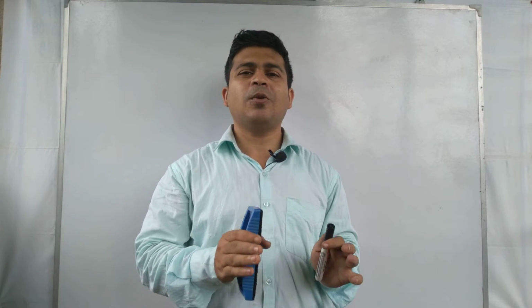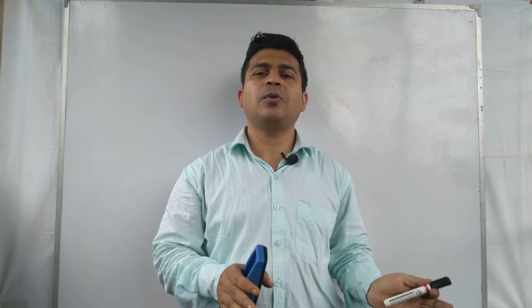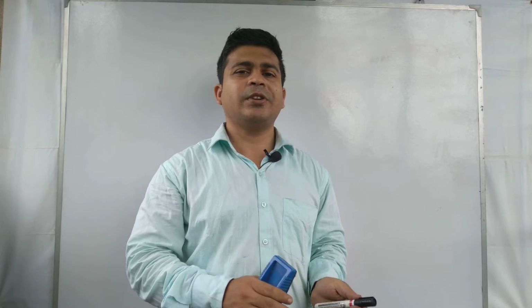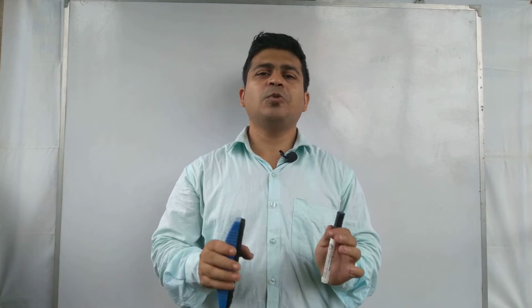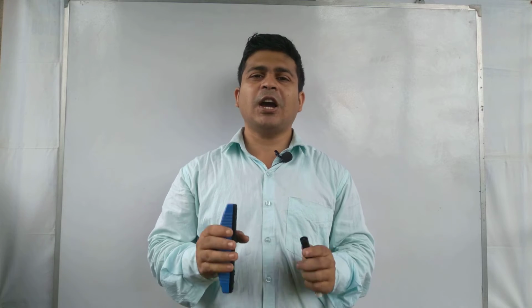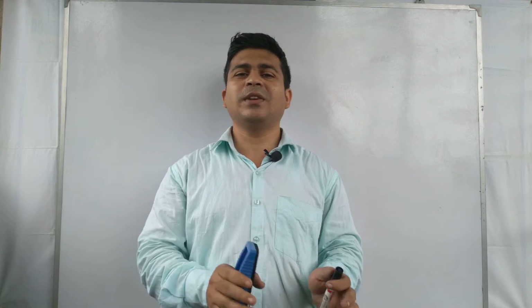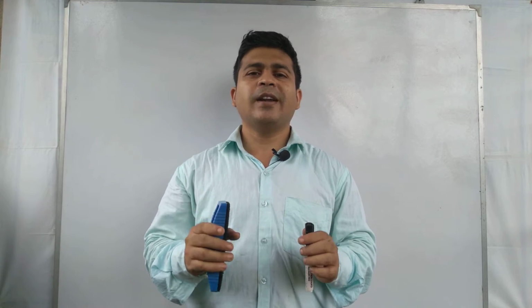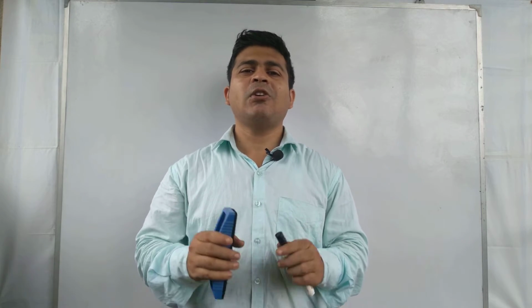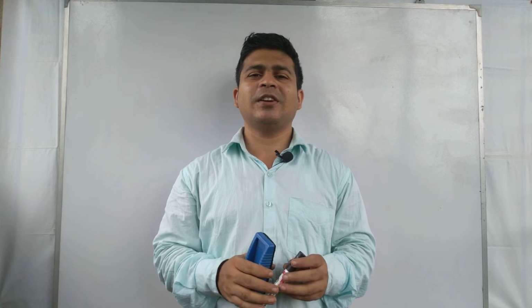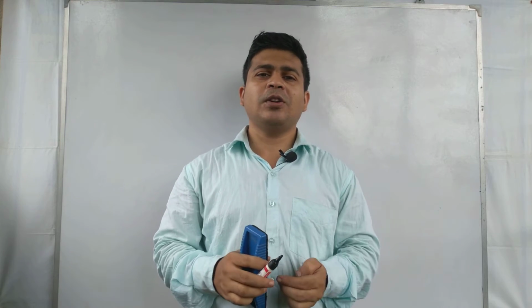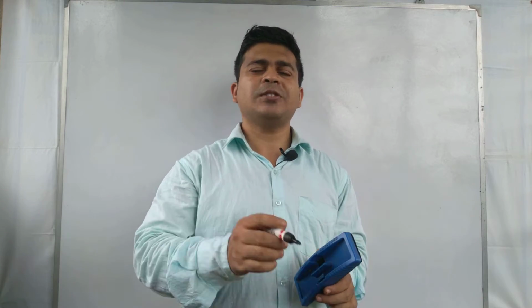I am recalling all the points that are required for balancing a redox reaction in the ion electron method. In this video we mainly concentrate on the ion electron method in basic medium. So we take one example, and step by step we see how to balance a redox reaction by the ion electron method in basic medium. So let's start.